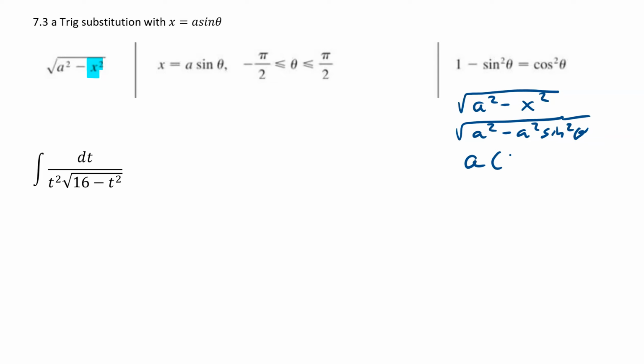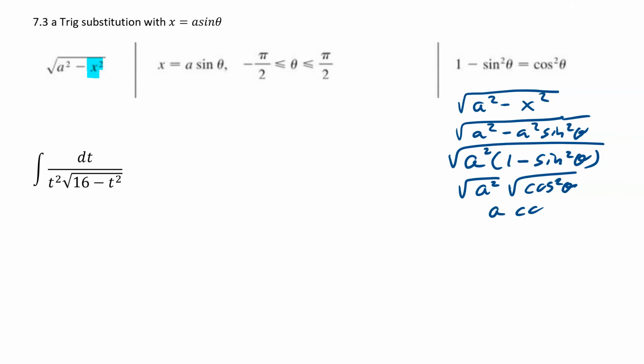This allows us to factor out an a squared. And then breaking that apart, we would get a squared, and then 1 minus sine squared theta is cosine squared theta, giving us a cosine theta. So we can turn our a squared minus x squared into an a squared cosine squared theta, and the root is a cosine theta.